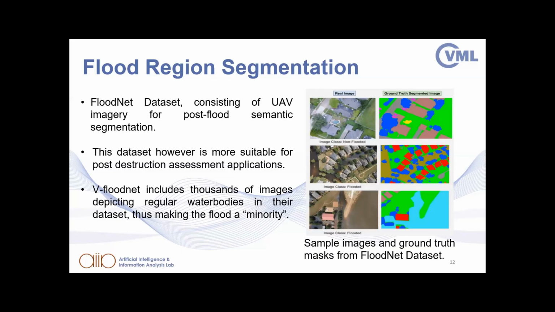And the bottom row is another example of a flood scene, where floods are segmented alongside other features like roads and structures. However, one challenge is that in datasets like this FlatNet, floods often create a minority class, as they include many regular water body images, which makes flood identification more challenging.